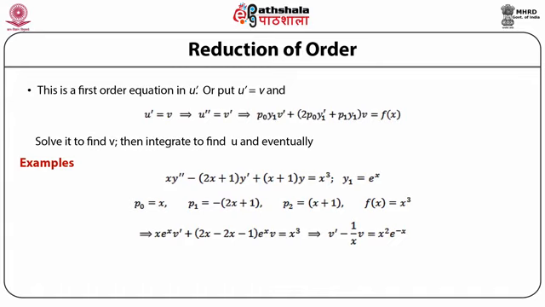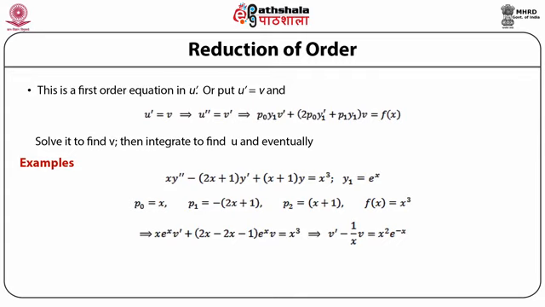Here in this equation we can see p0 = x, p1 = -(2x + 1), p2 = x + 1, and f(x) = x^3.